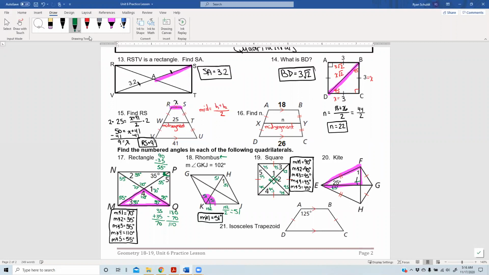Well, I know that one's 25, that one's 90. So let's do 90 plus 25. Gets us 115. And then subtract 115 from 180. And that'll get us 65 degrees.